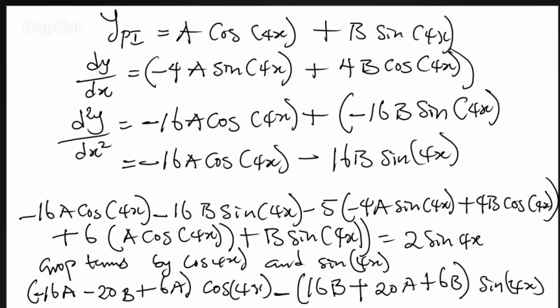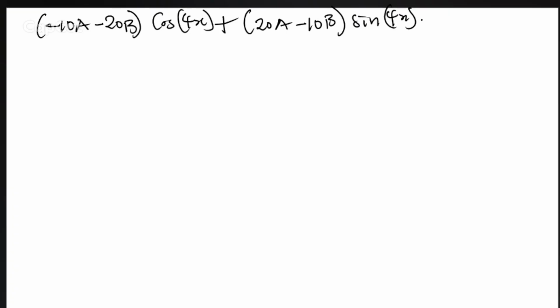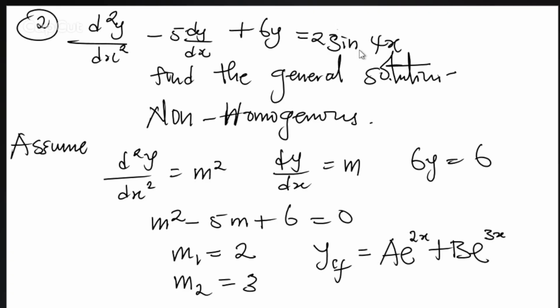So what we have here will be plus bracket 20a minus 10b, and this is for sine 4x. That's what we have. And this is equal to 2 sine 4x.